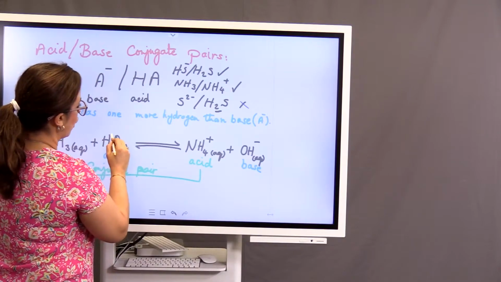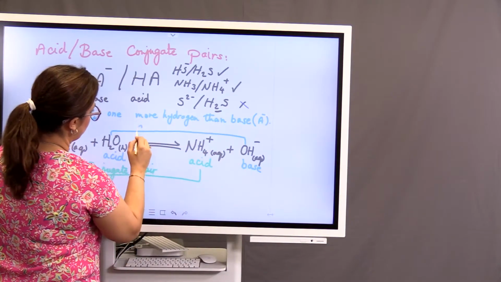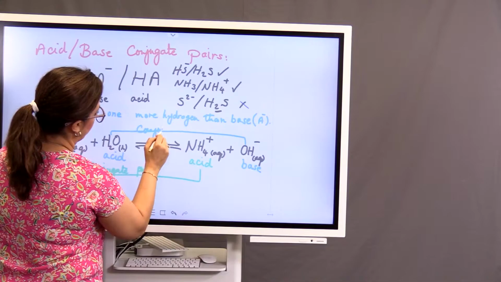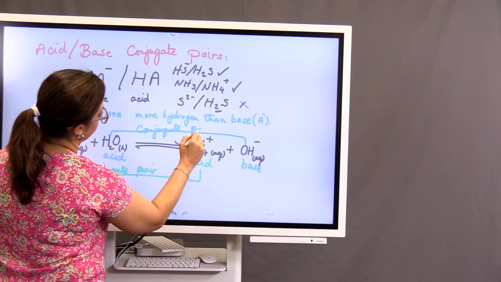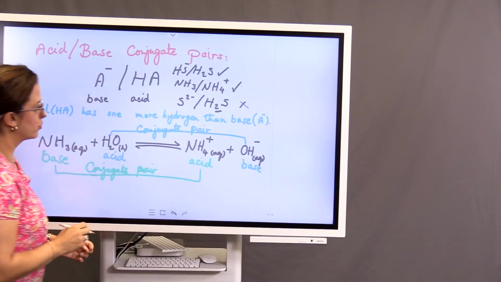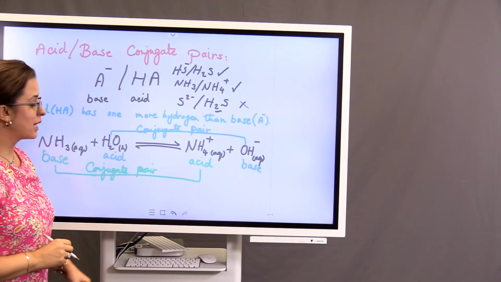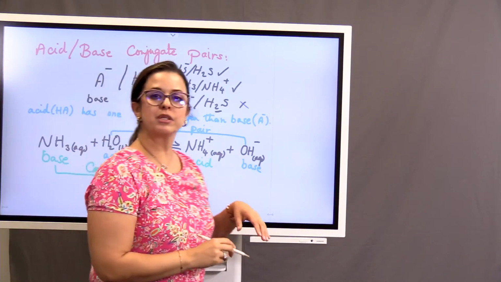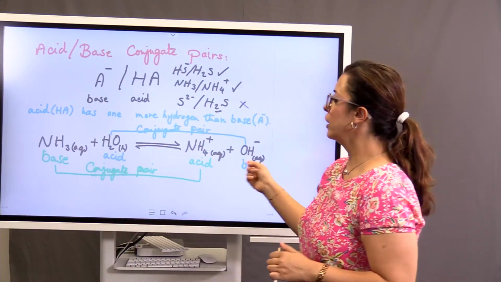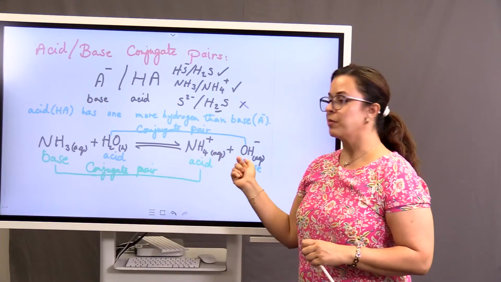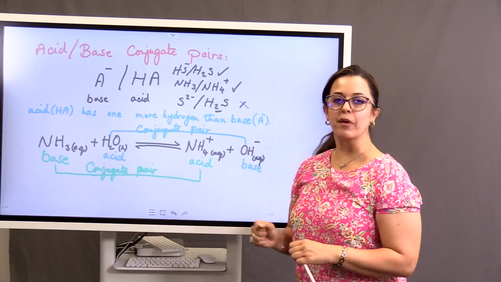And now you can call these two a conjugate pair. Right? So that's how you approach the problems of Bronsted-Lowry theory. You will find out the acids and bases and then their conjugate pairs.